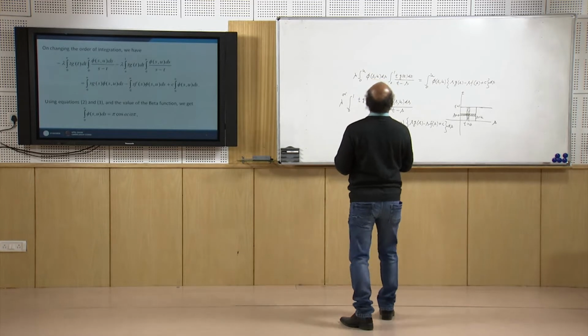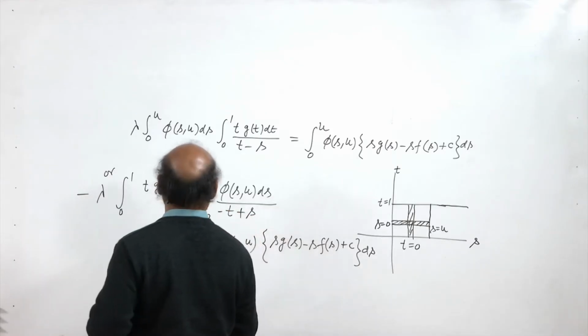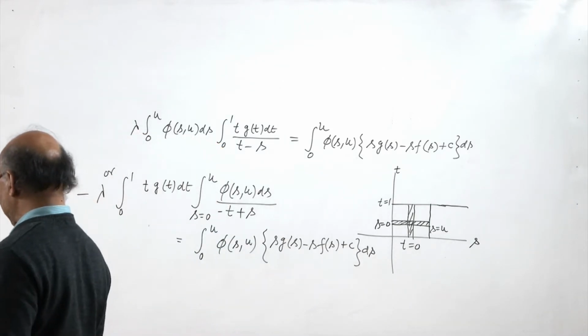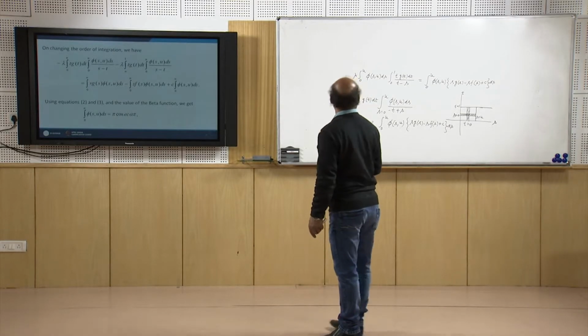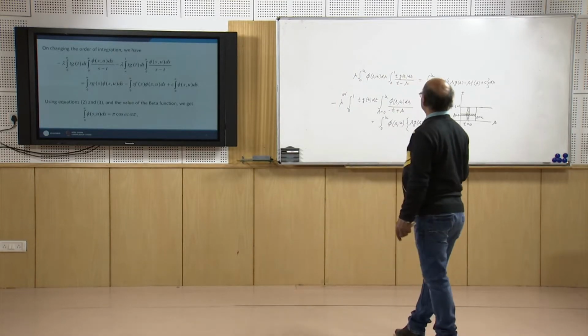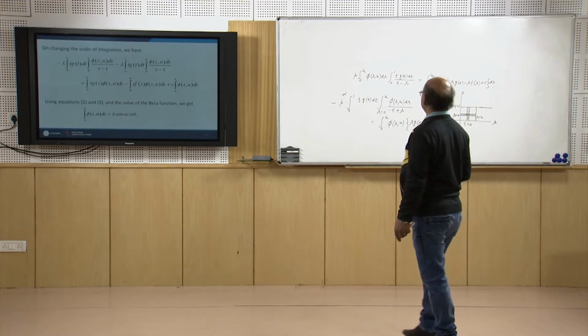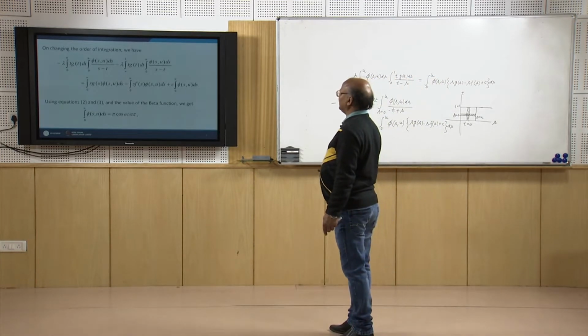We can bring the negative sign outside and write s minus t here. So, we have minus lambda times this, which is equal to, the right hand side can be written as integral over 0 to u phi(s, u) s g(s) ds minus integral over 0 to u s f(s) phi(s, u) ds and c times integral over 0 to u phi(s, u) ds.